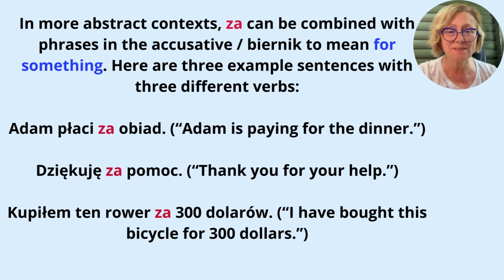In more abstract contexts, za can be combined with phrases in the accusative, biernik, to mean for something. Here are three example sentences with three different verbs. Adam płaci za obiad.